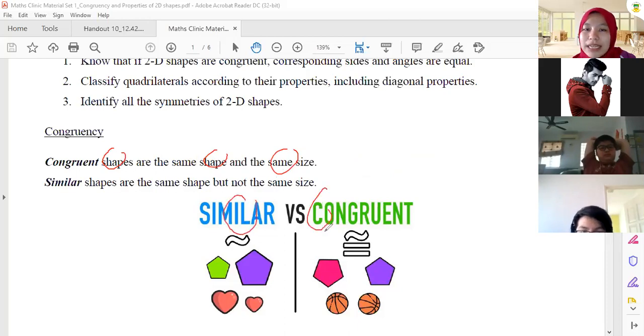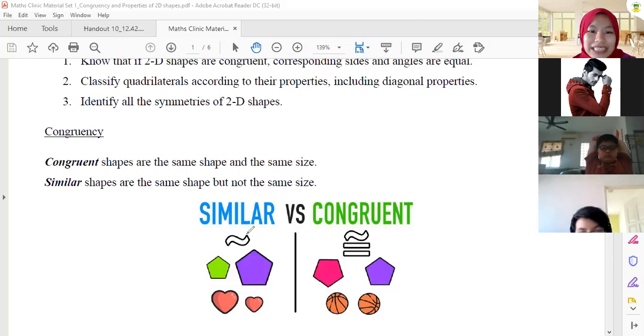Similar shapes have the same shape but not equal size. See the differences. Maybe all this while you thought that congruent is actually similar. No, it's not. Congruent: same shape, same size. Similar: same shape but not the same size.